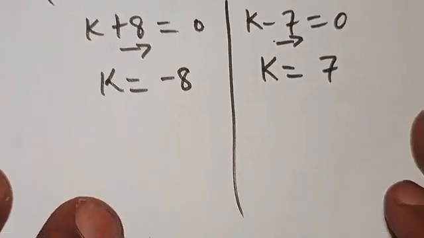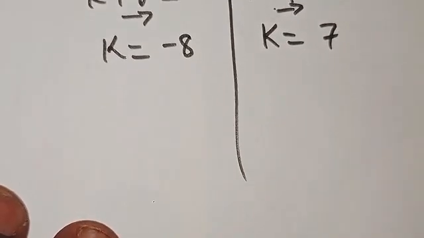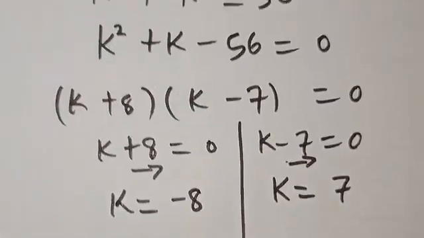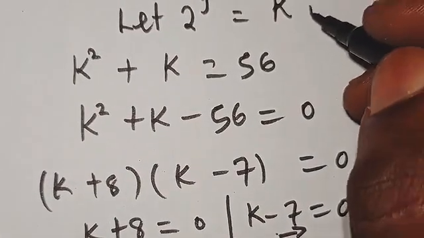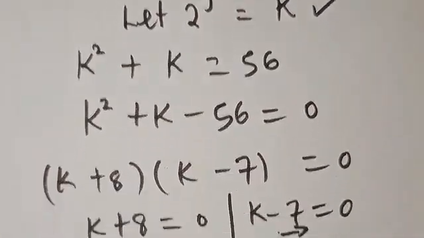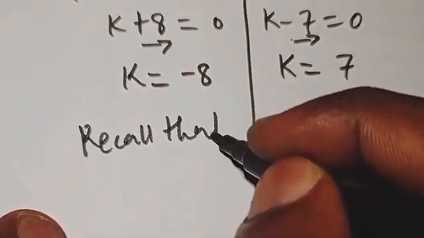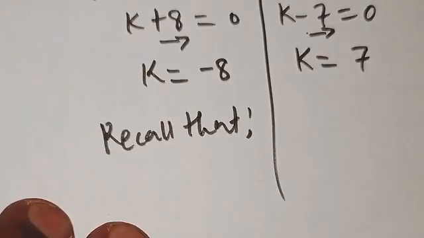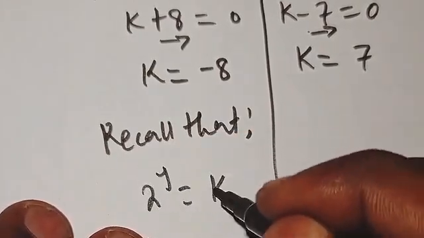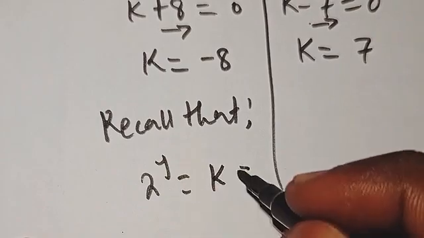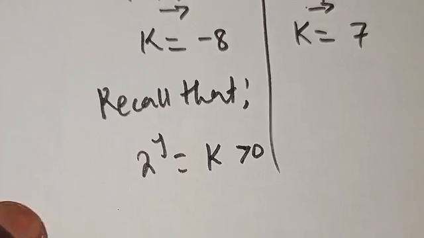So now from there, don't forget that we are not looking for the value of k. What we are looking for is the value of x, but we replaced k with something. We replaced k with 2 to the power of y. So recall that 2 to the power of y equals k, and 2 to the power of y must be greater than 0.